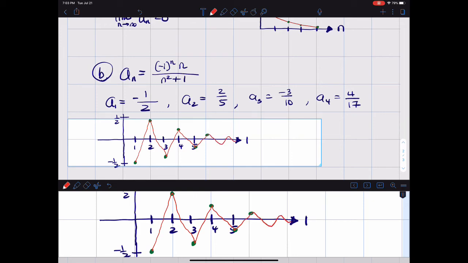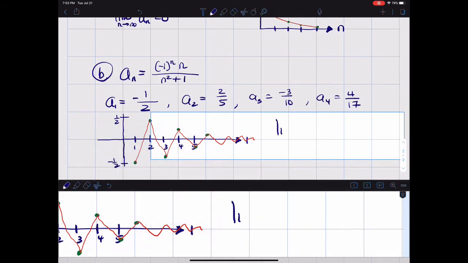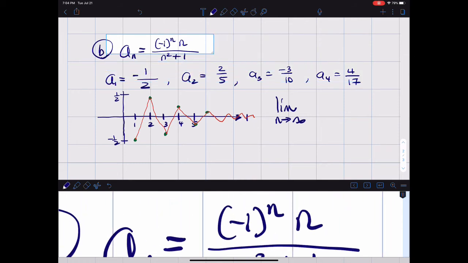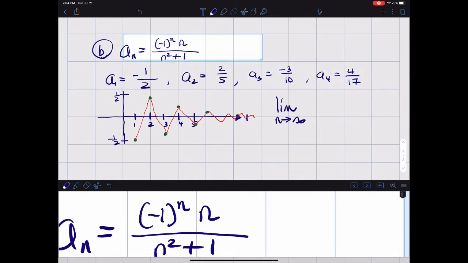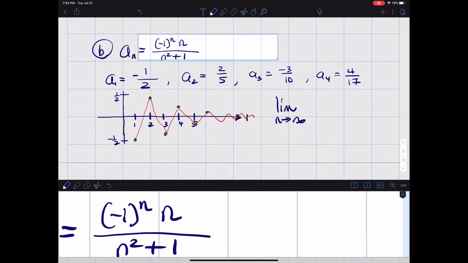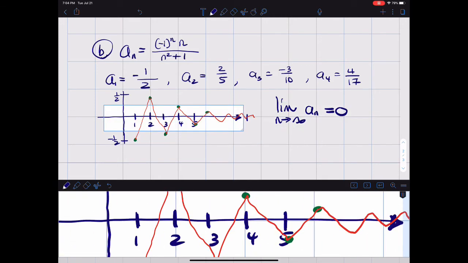So we can imagine it's coming like this. This can show you that the limit as n goes to infinity, you can calculate using this formula. Remember how to calculate limits from Calc 1. If you let n go to infinity and use the methods from Calc 1, this actually goes to 0. And our graph shows that it goes to 0.